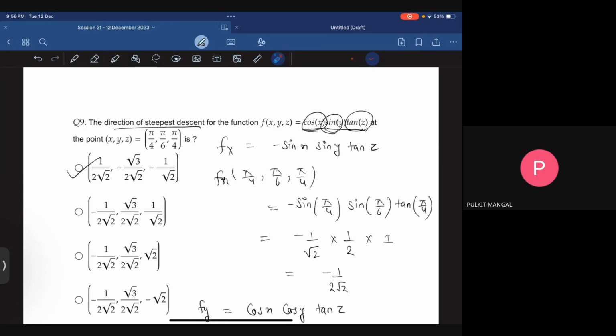I will share one thing. Week 10. Okay. This is in week 10, right? Steepest descent. Okay. Yes, sir.